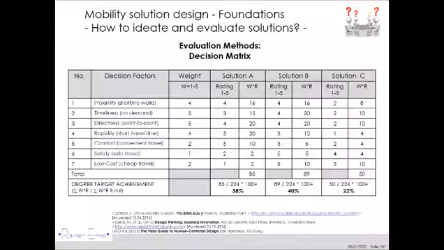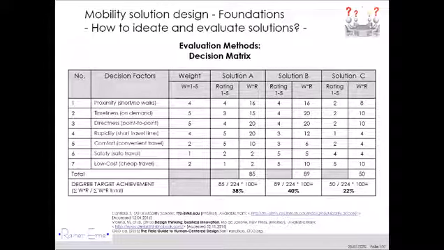One method in order to select one solution is the method of the decision matrix. What you need in order to do the decision matrix is decision factors, and the decision factors are derived from user preferences. So what are user preferences regarding mobility, for example?